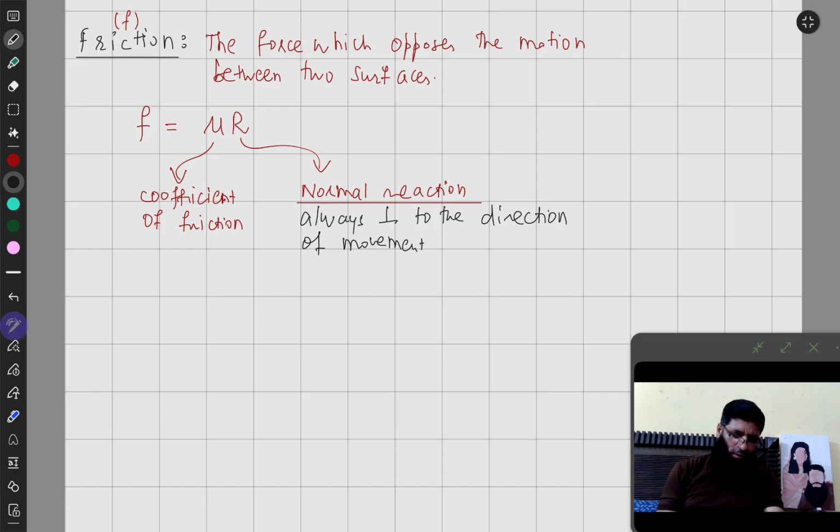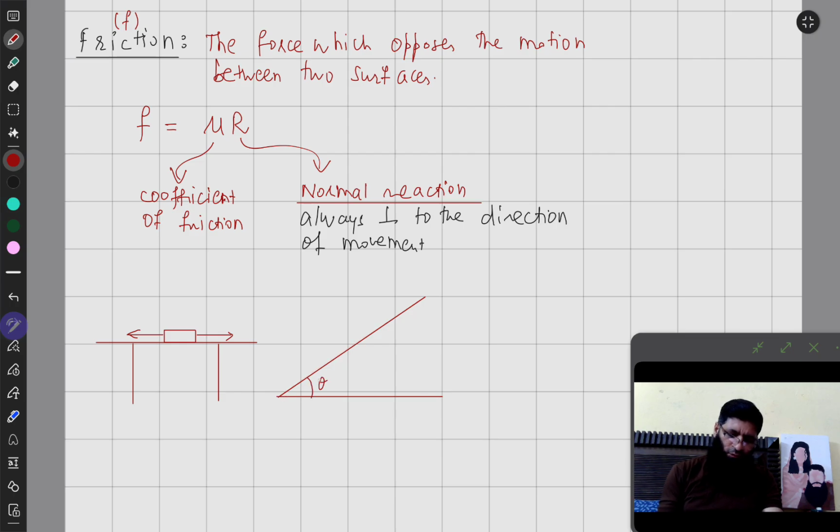For example, you can have some cases in your examination. Look at this thing. This is a table, and this is an object like this, and the object is moving in this direction along the table. You can have an inclined plane like this.